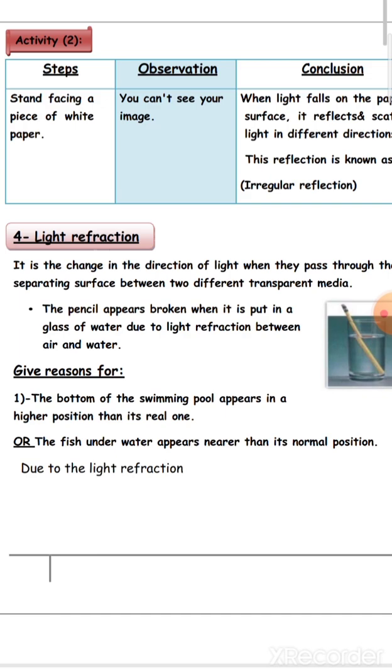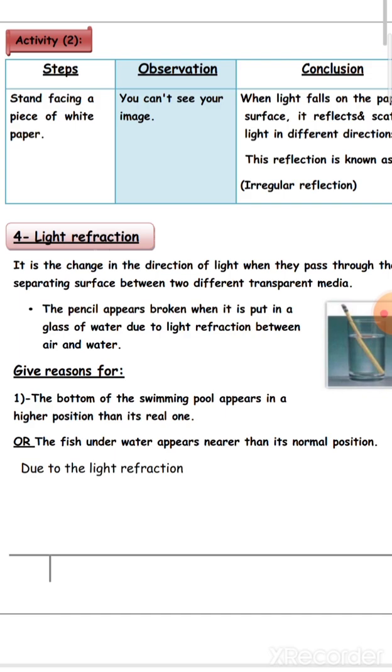Let's say if you run on the sand and then you run in the sea, where are you going to run faster? Yes, we're going to run faster on the sand. The same for the light. The light is moving here in the air, then in the water. It moves fast in the air until it meets the water. It will become what?